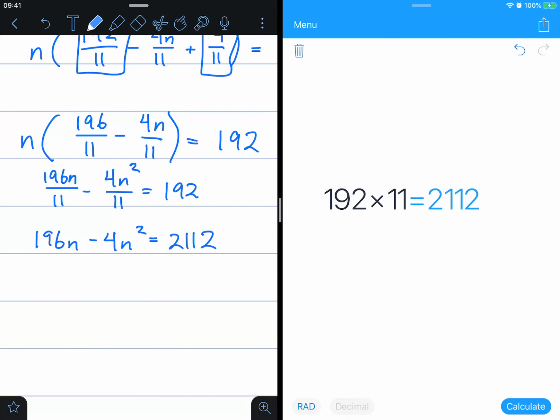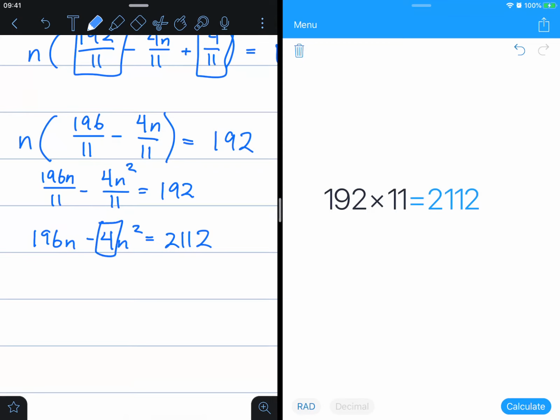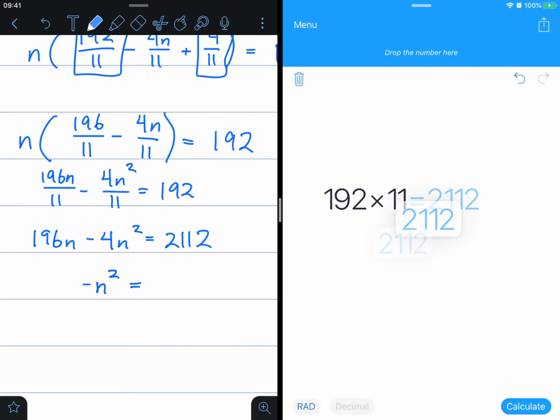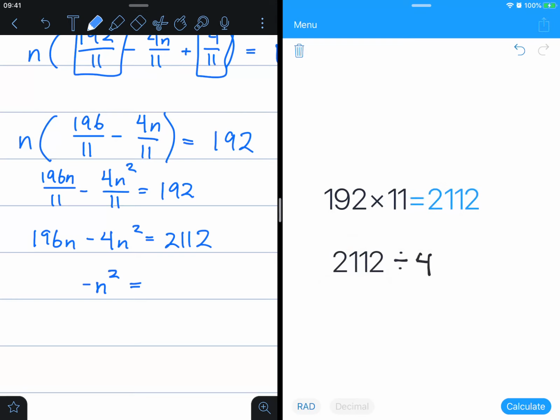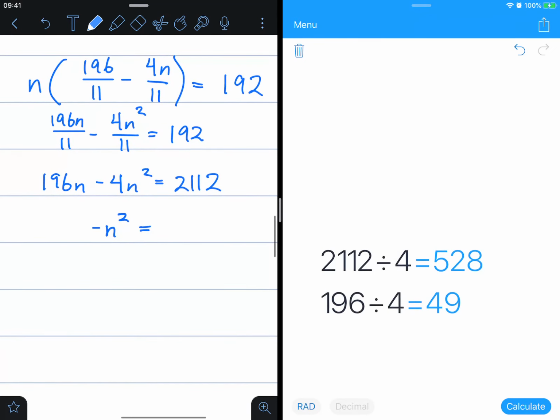This is now going to become a quadratic. I'm going to eliminate that 4, so I'm going to divide everything by 4. So we're left with negative n squared, 2112 divided by 4 and 196 divided by 4. So this 196n becomes 49n, and 2112 becomes 528.